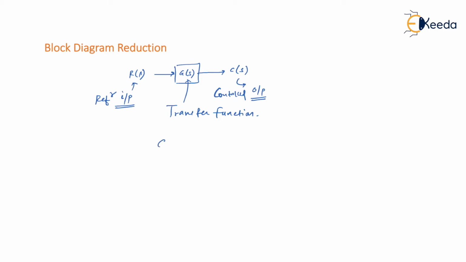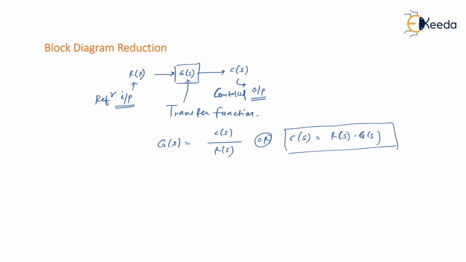We know that transfer function G(S) is nothing but the ratio of Laplace of output upon Laplace of input. That is, G(S) I can write as C(S) upon R(S), or I can say that C(S) is always R(S) into G(S). So this can be seen as a relation between output, input and transfer function.